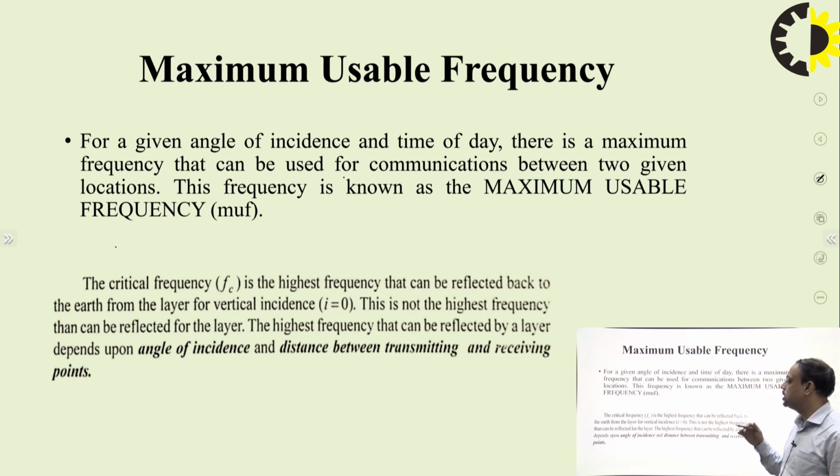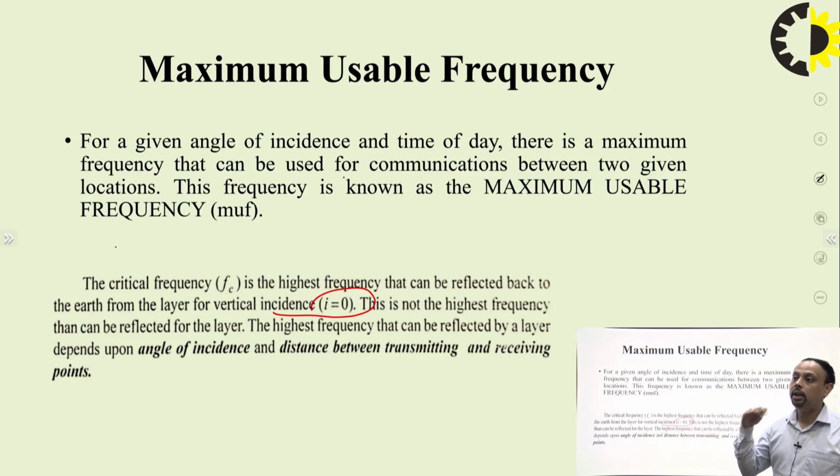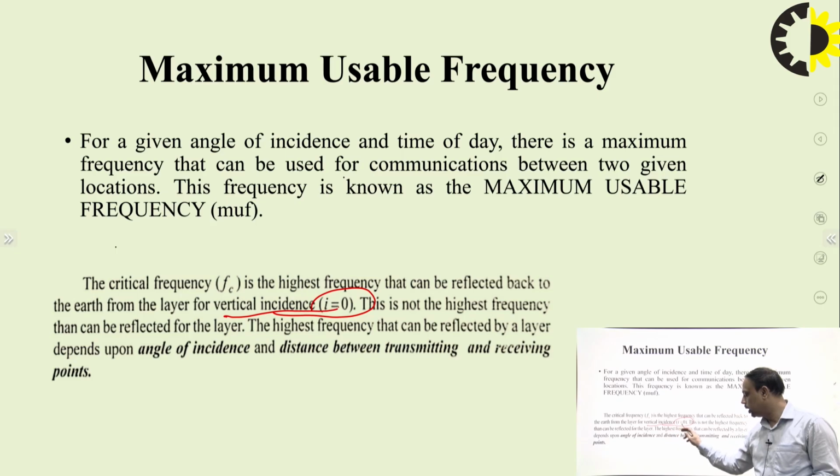This is the frequency when the wave is not incident vertically on the different layers of the ionosphere, but at some angle. So the maximum frequency that is reflected back from the ionosphere when the incident angle is not vertical is known as the maximum usable frequency.